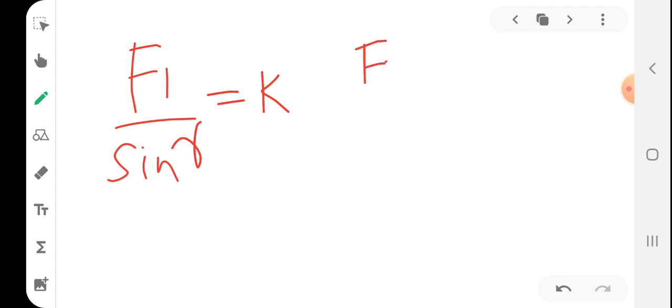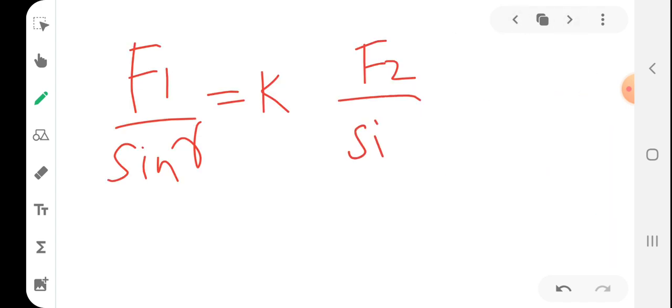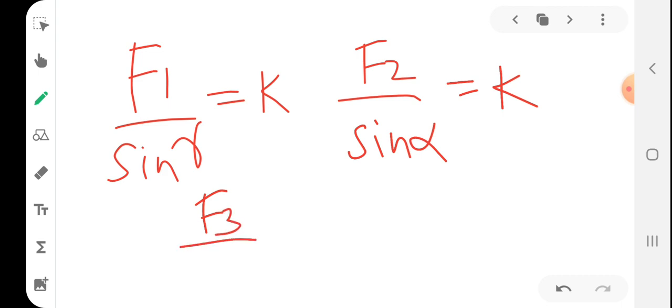Similarly, F2 by sine alpha is a constant. F3 by sine beta will also be the same constant, because it is the same proportionality.